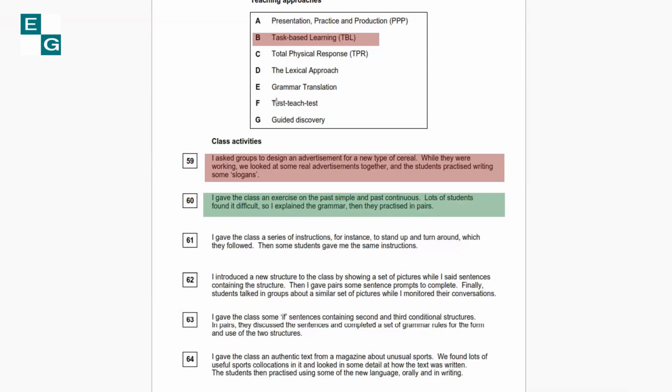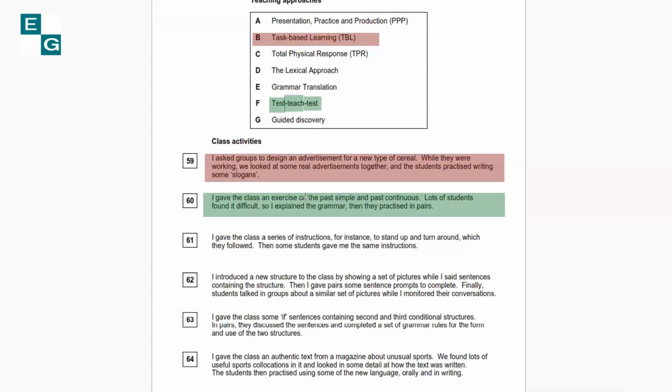First, you gave them a test. You tested them on simple past versus past continuous. They didn't understand. So you taught, and after this, you tested them again.